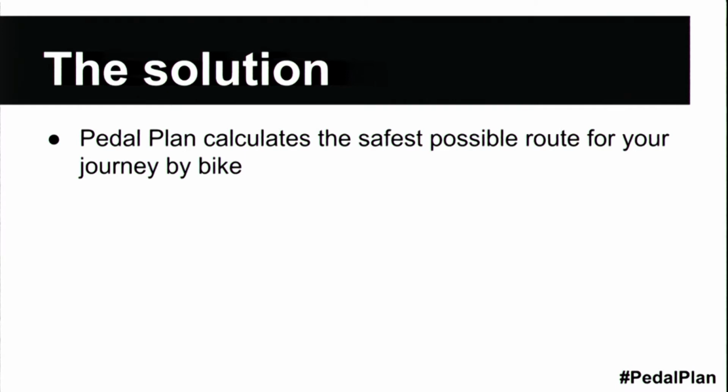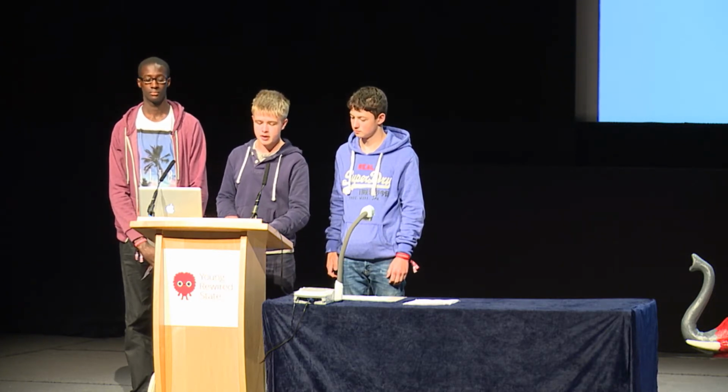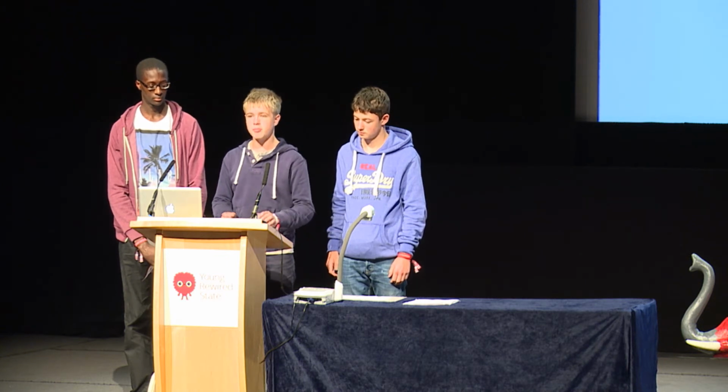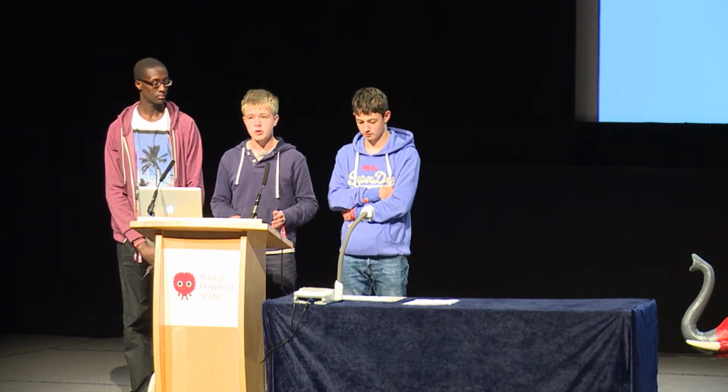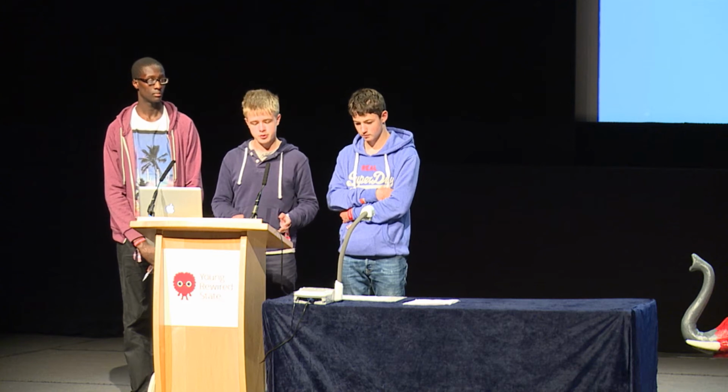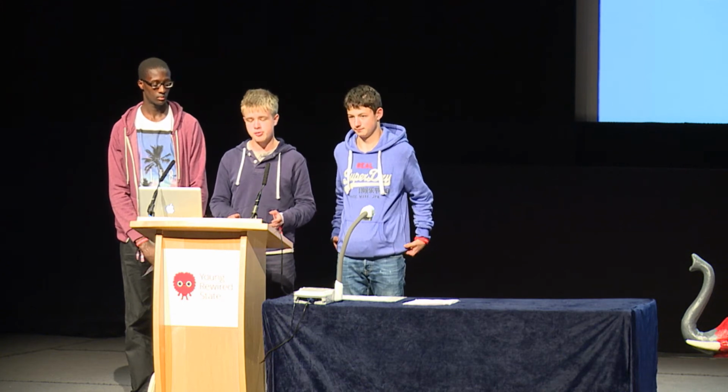We found that the main concern cyclists had when cycling was safety on the road. So we tailored Pedal Plan to be safety-oriented by using 3 main different APIs. We used accident data from data.gov.uk in order to fetch historic accidents and avoid roads which historically have been dangerous.